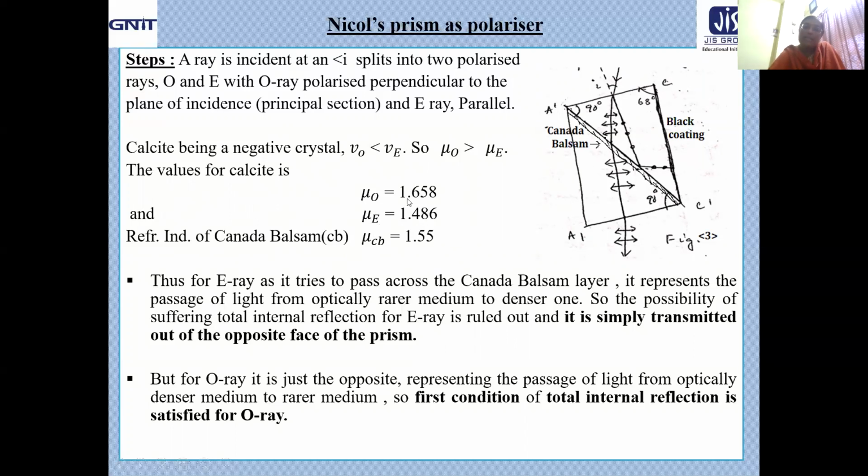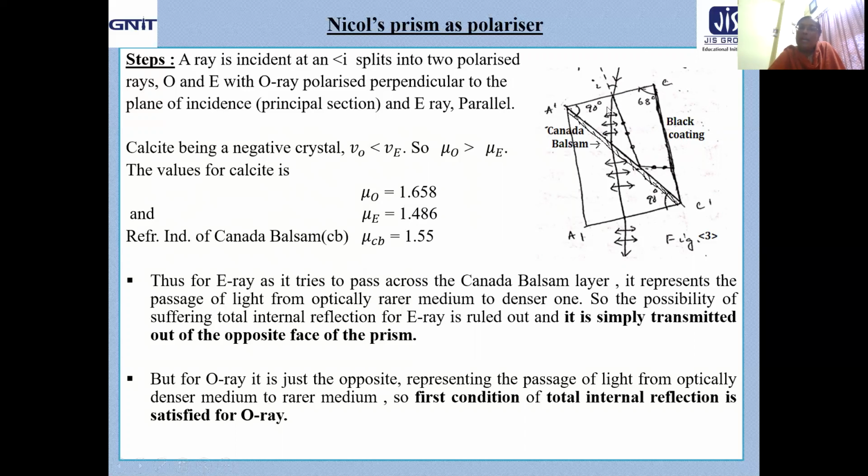That means it lies in between mu O and mu E. It is a brilliant choice of Nicol, the material medium whose refractive index lies between these two. Now why am I talking about the brilliant choice? Let us try to explore that. So let us first try with the E ray. Clear?